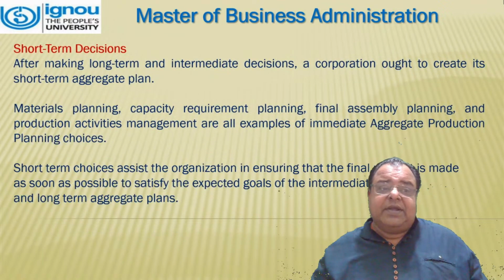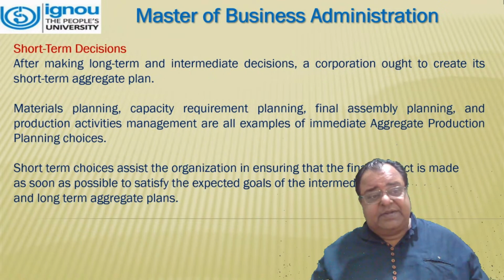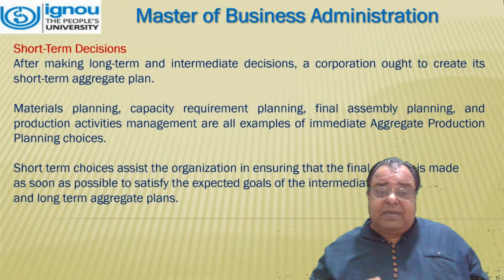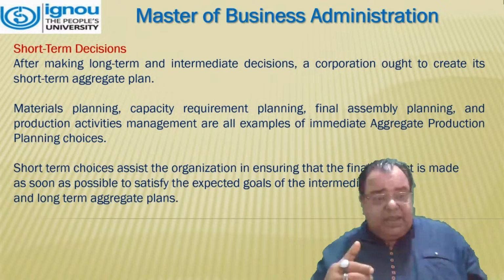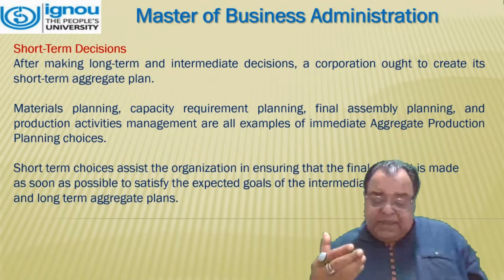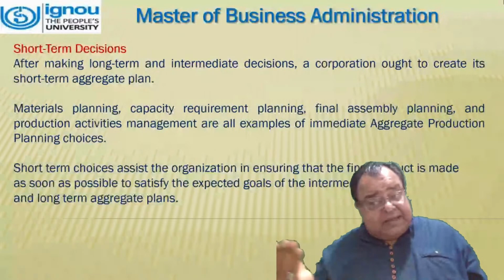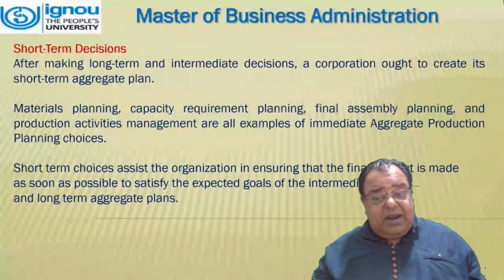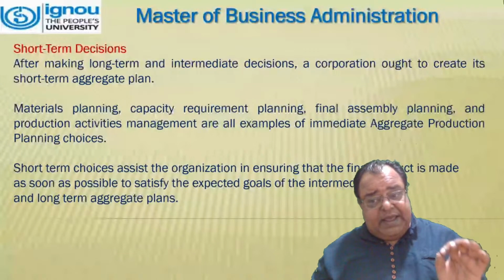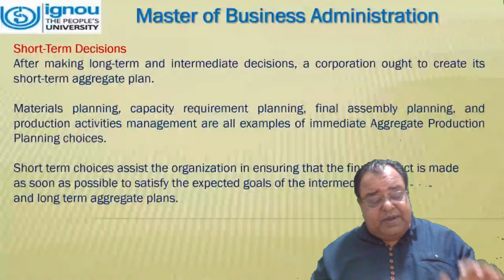Then comes short-term decisions. After making long-term and intermediate decisions, the organization ought to create its short-term aggregate plan. Material planning, capacity requirement planning, final assembly planning, and production activities management are all examples of immediate aggregate production planning choices.